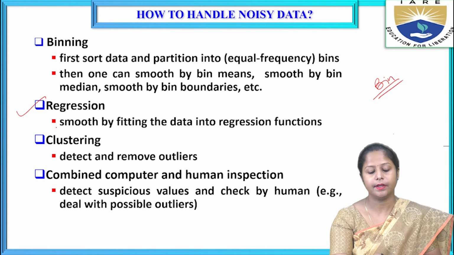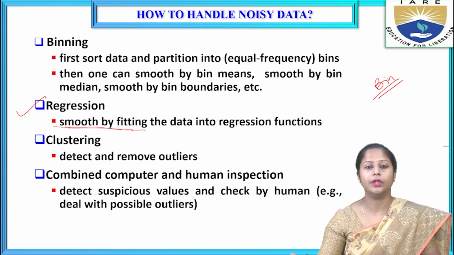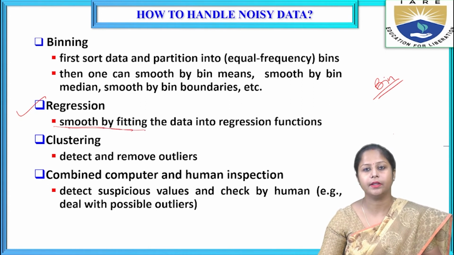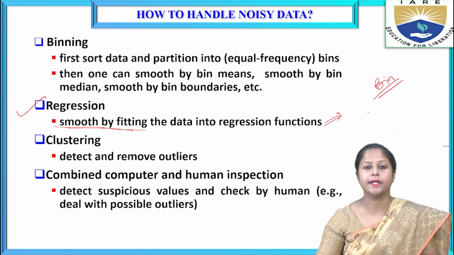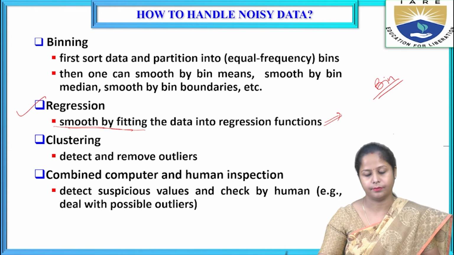What is regression? Regression is nothing but smoothing the data by fitting the data with functions. There are some regression functions, and we fit that type of data using those regression functions. So that comes under the regression of the data.